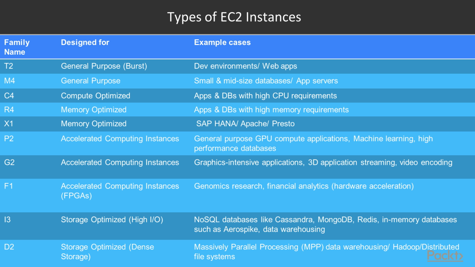And then there is the D2, which is storage optimized and dense storage, mostly for massively parallel processing, data warehousing, MapReduce and Hadoop, distributed computing, distributed file systems, network file systems, and log or data processing applications.